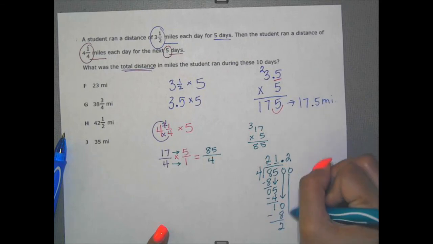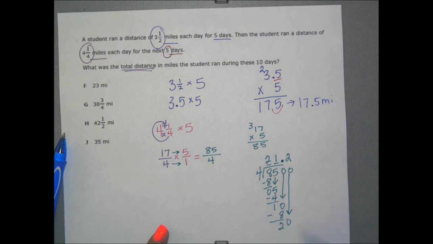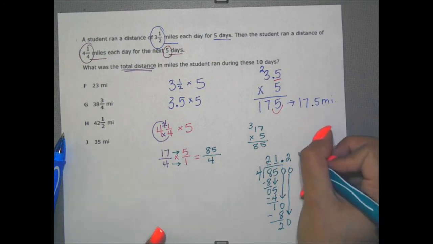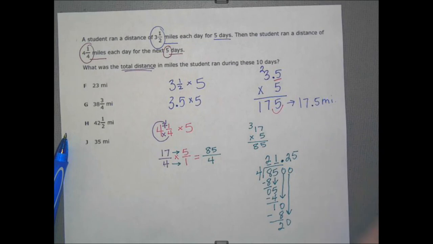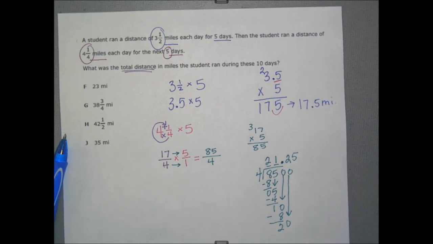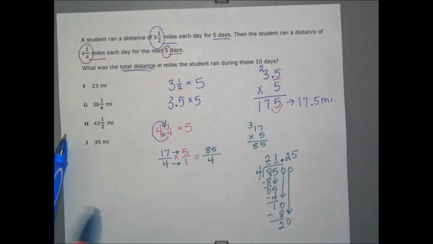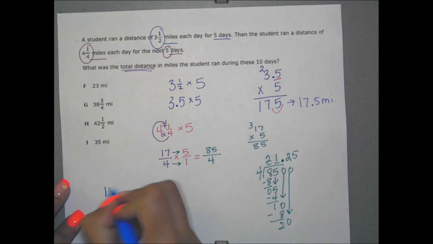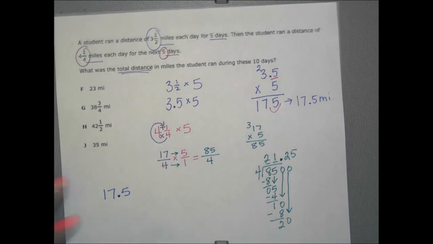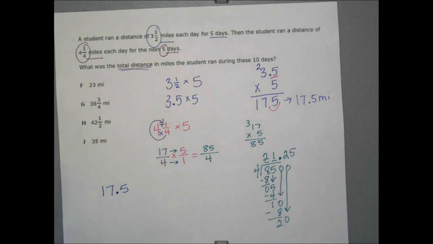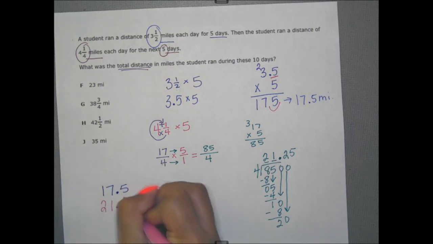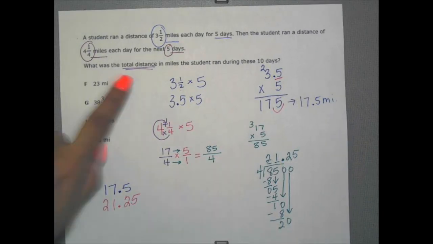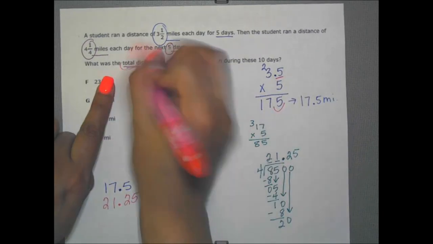Add another 0. And 4 goes into 20 5 times. I was right. So this tells me that the first 5 days, the student ran 17.5 miles. And the next 5 days, the student ran 21.25 miles. And it's asking for a total, so I am going to add them up.